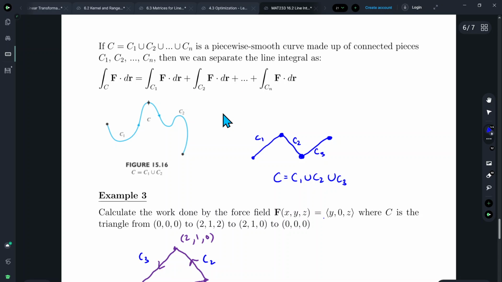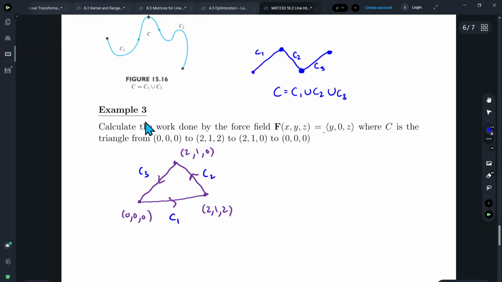So let's take a look at an example. In example 3, you're given this vector field, and we want to calculate the line integral of this vector field over a curve C in 3 dimensions, a triangle that connects these points. I didn't plot these points in 3-dimensional space, but imagine you have 3 points oriented in some way, and you connect them to form a triangle.